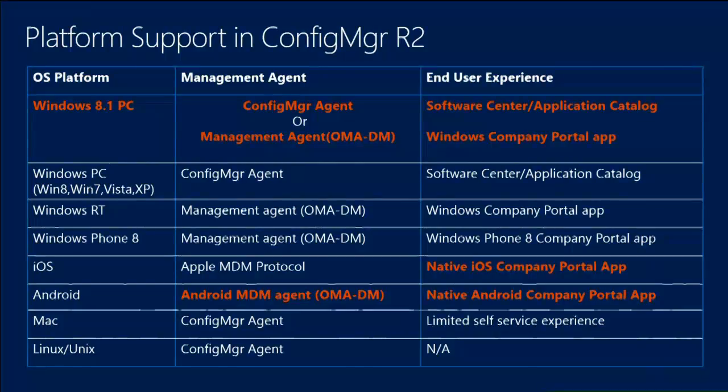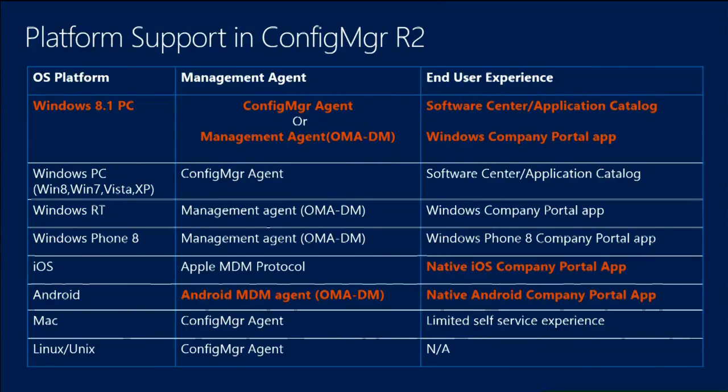With Windows 8.1, they have opened up OMA-DM management for all the SKUs of Windows. So now Windows 8 Pro, Enterprise, Home, every SKU of Windows from now on will have that light management agent built into it. And with that, I think third-party MDM vendors also can benefit from this agent. So that's the support that has been added, and we are going to take benefit of that as well.